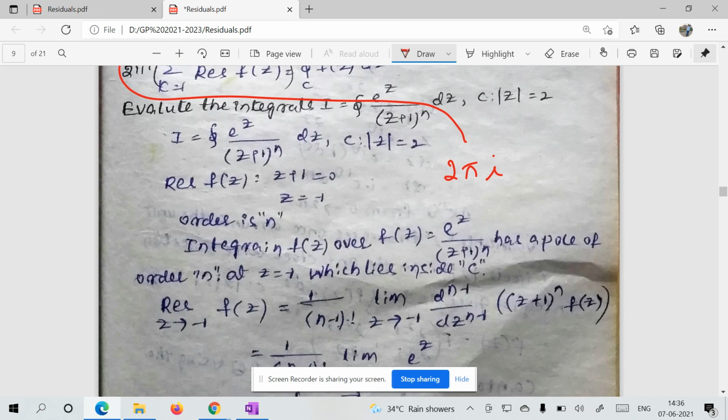Here, this is the contour C. Contour C is mod z equal to 2.